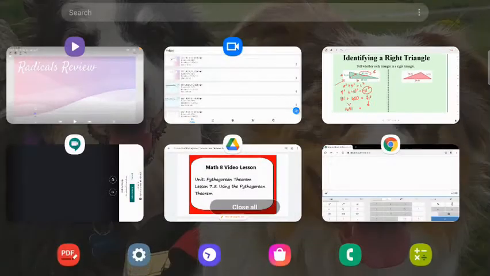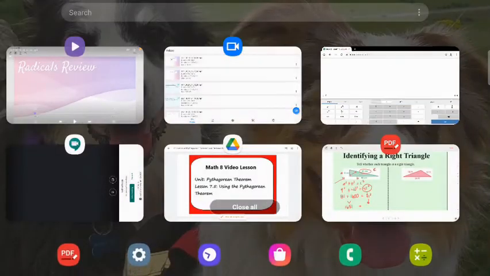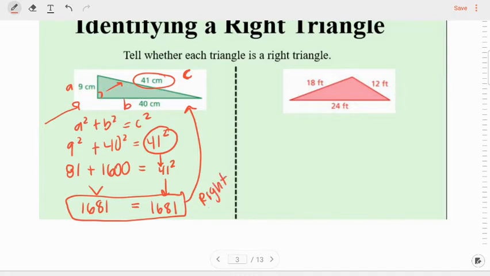So let's test it in our calculator and see. Clearing, 41 squared, and you'll see right there I have 1,681. Hey, and they are the same, which means this is a right triangle.